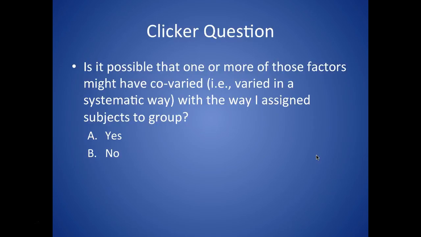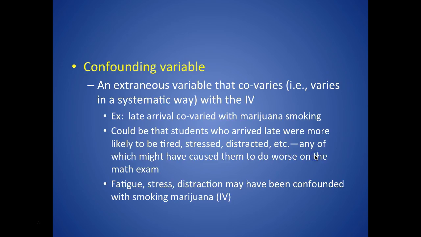Is it possible that one or more of these factors might have covaried, that is, varied systematically with the way I assign subjects to the groups? And the answer to that is yes.